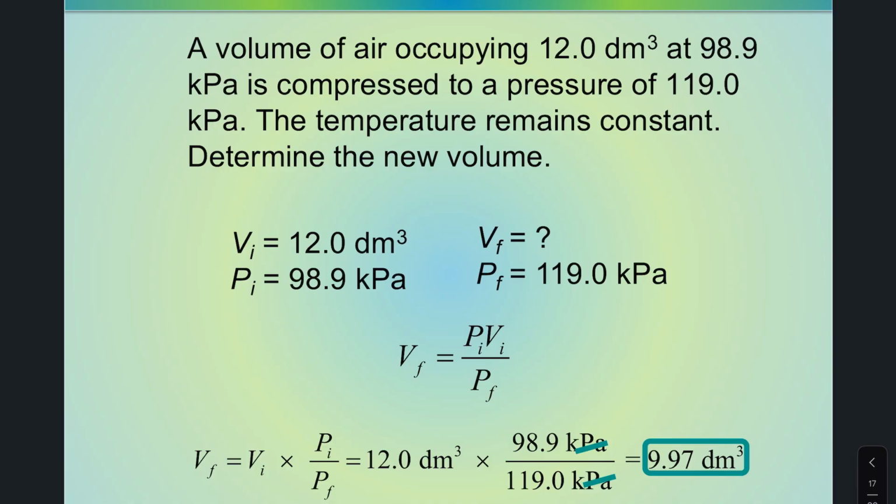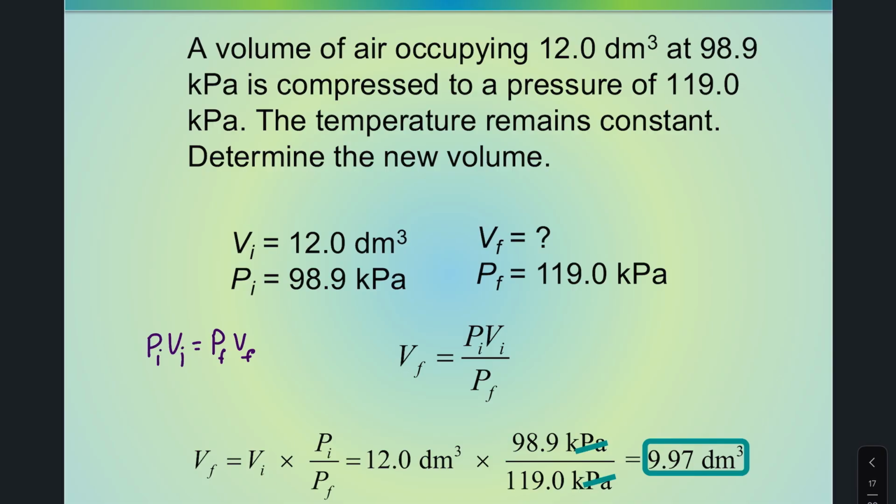We already know from the solving that we did that PI VI is going to be equal to PF VF, or P1 V1 equals P2 V2. Either way is fine. And what we need to do is define what these are.